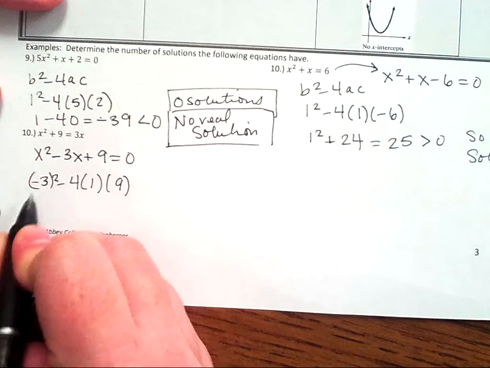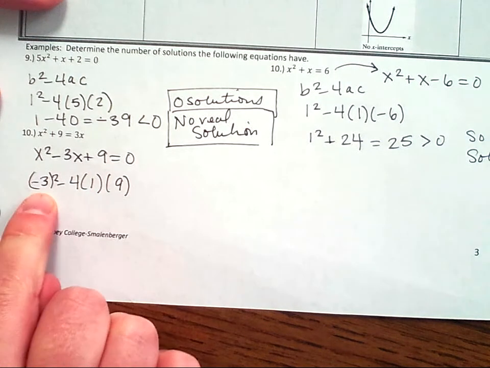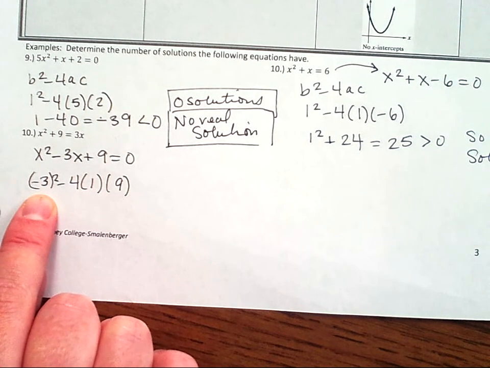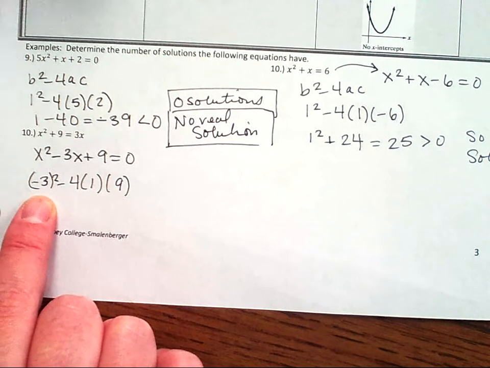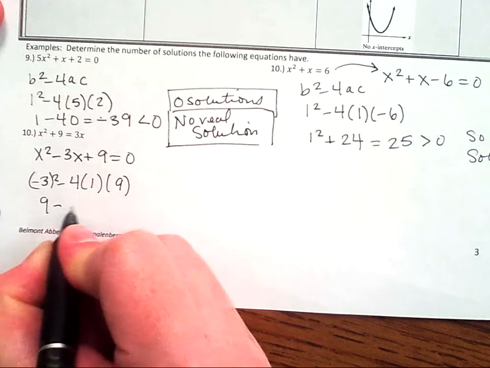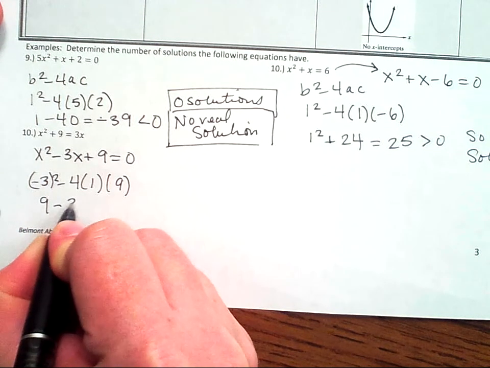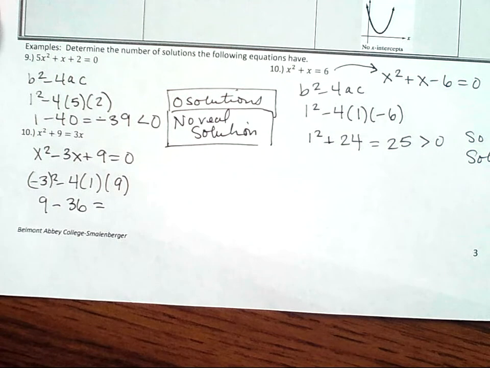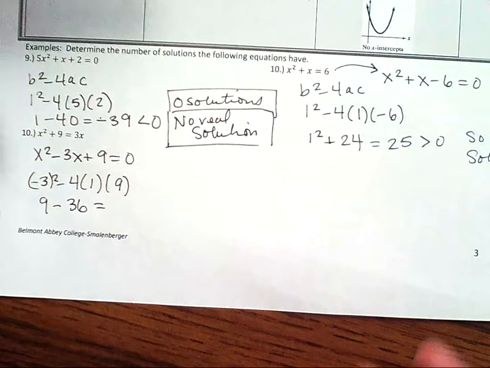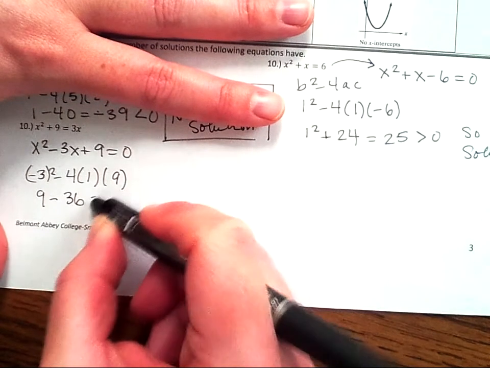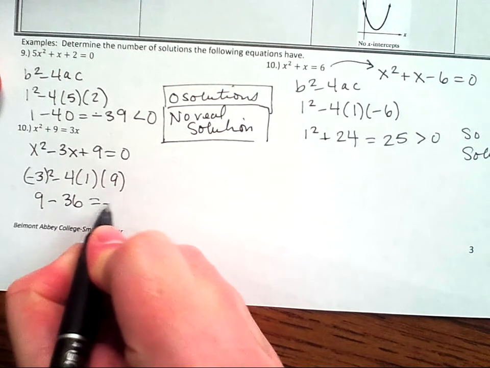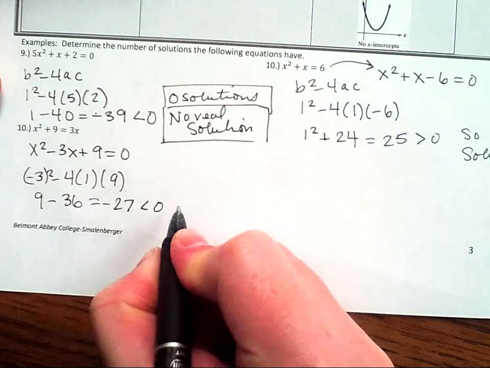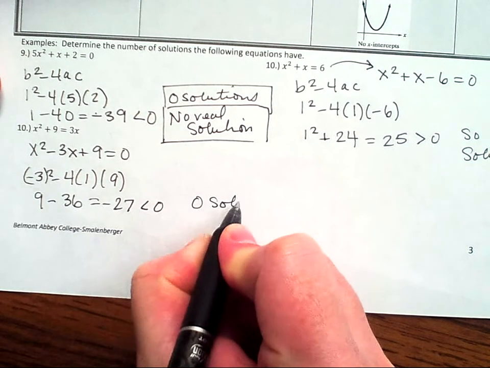I'm plugging in b squared, which should be in parentheses, right? If you put this in your calculator, it's going to come back with negative. So make sure whenever you're plugging a number into a formula, you put it in parentheses. So this is 9 minus what? Whatever it is, it's negative, right? So it's negative 27, which is less than 0, so 0 solutions.